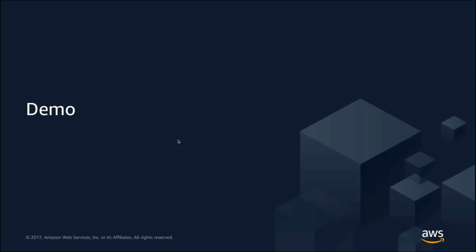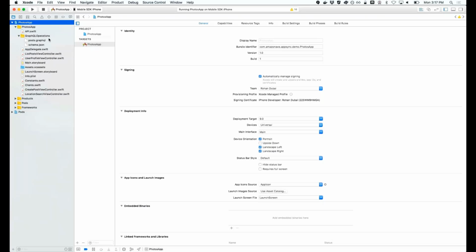Now let's quickly jump to another demo for an iOS app. I have an iPhone app that I have set up for the same schema that I had shown a couple of minutes ago.